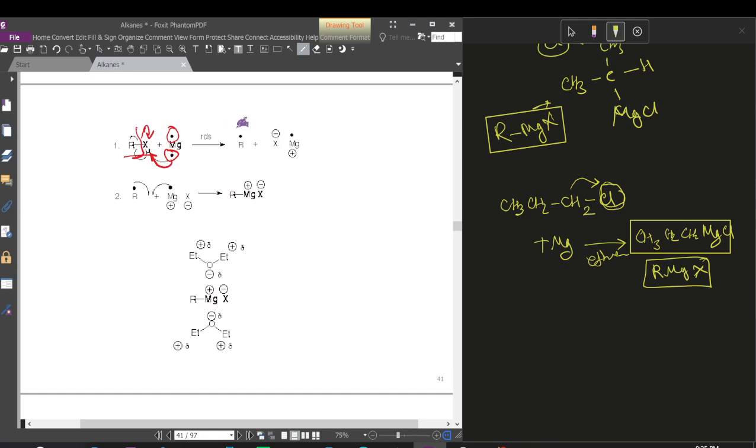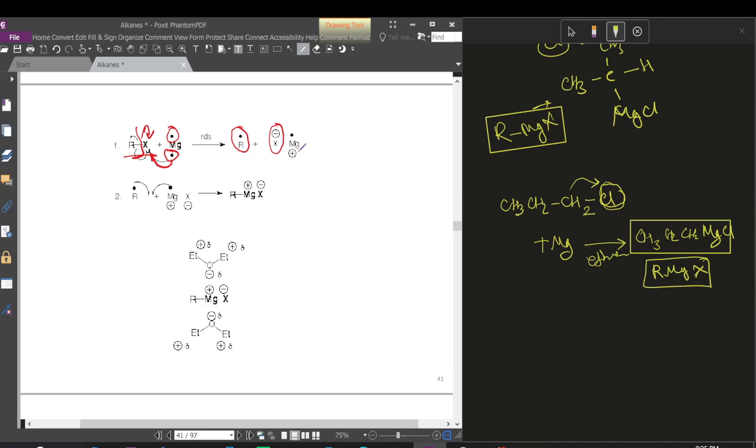So R will get 1 electron, X will get 1 electron, and X will also get 1 electron from magnesium. So this will form X minus, and this is the magnesium, and magnesium gives 1 electron to the halogen, so that's why it will form magnesium plus.